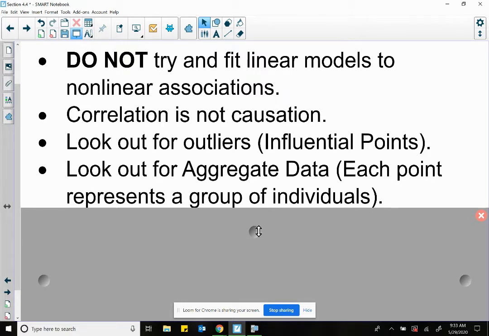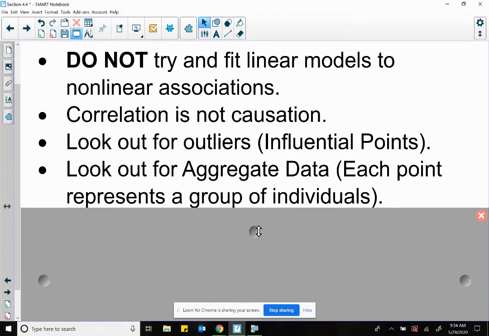That is aggregated data because those values represented the mean score of their ACT math and ACT English, or SAT math versus SAT English. That represents a lot of people, a lot of information to create that one number.